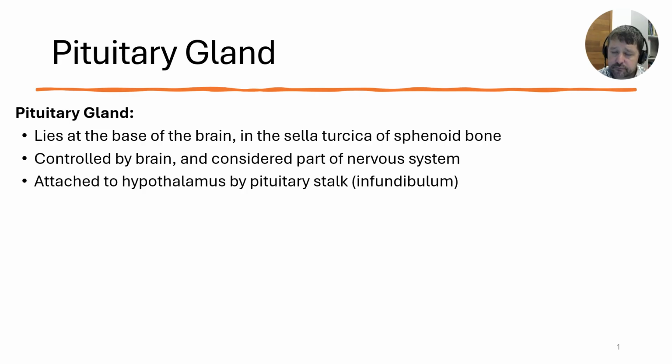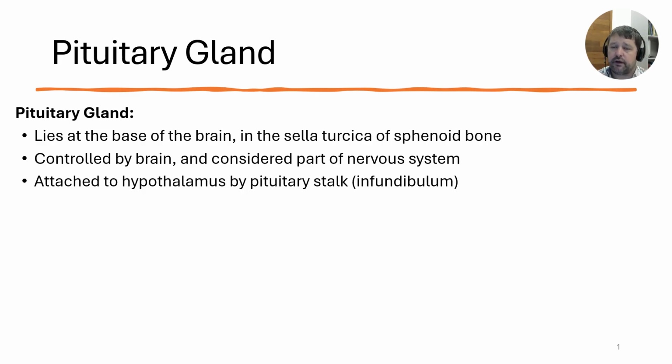The pituitary gland has two main regions, an anterior region towards the front of the head and a posterior region behind it. So it's split in two.